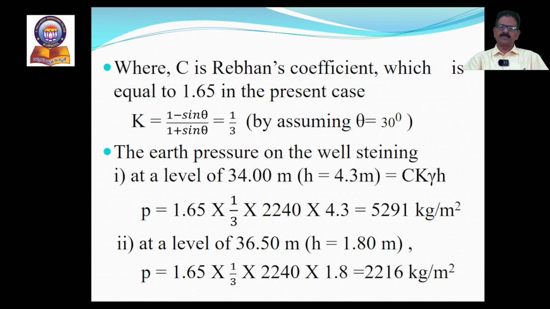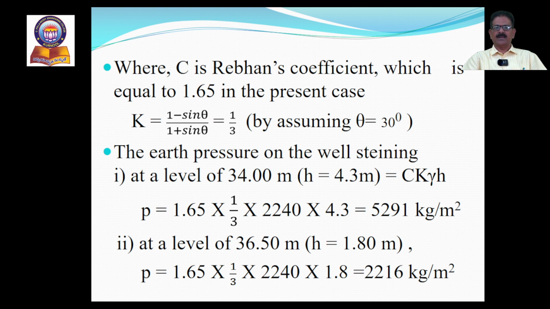By assuming theta equal to 30 degrees, we get the K value as 1 by 3, 0.33. Since (1 minus sin 30) by (1 plus sin 30), sin 30 is 0.5, that is 1 minus 0.5, meaning 0.5 in the numerator, and 1 plus 0.5, that is 1.5 in the denominator. 0.5 by 1.5 means 1 by 3. This is Rankine's constant K.